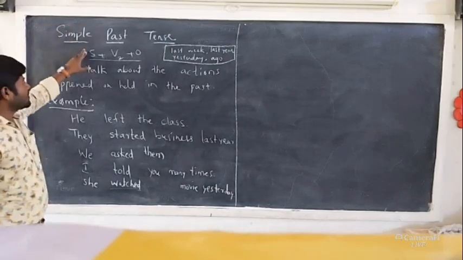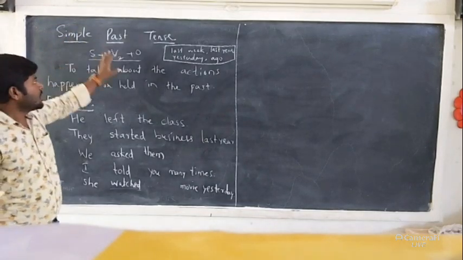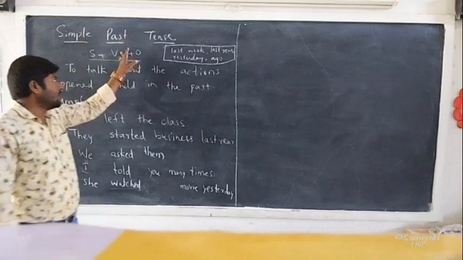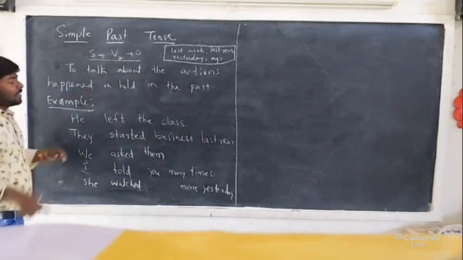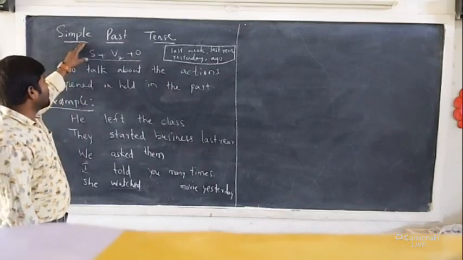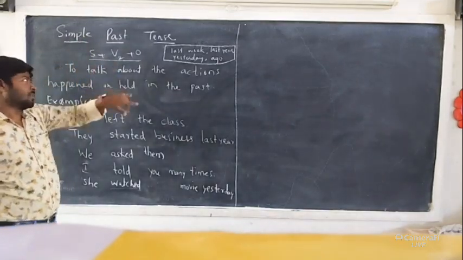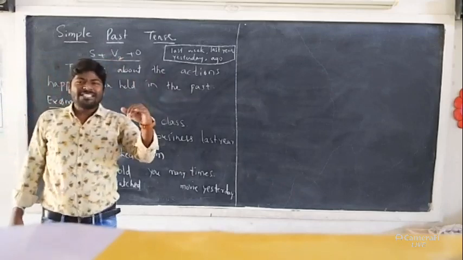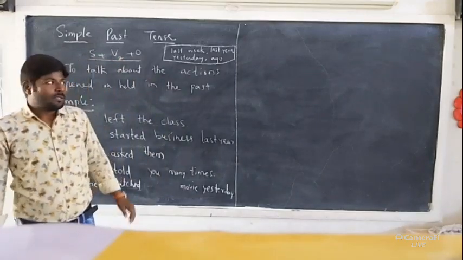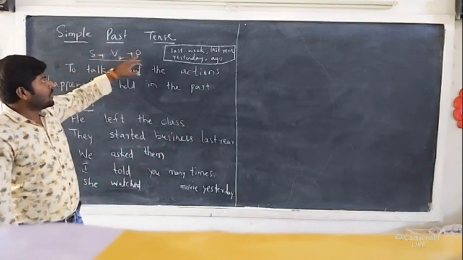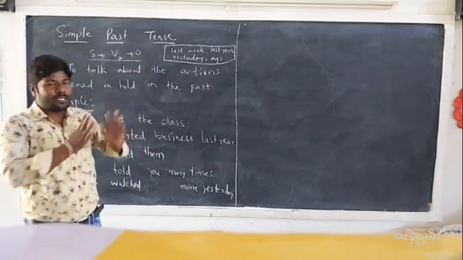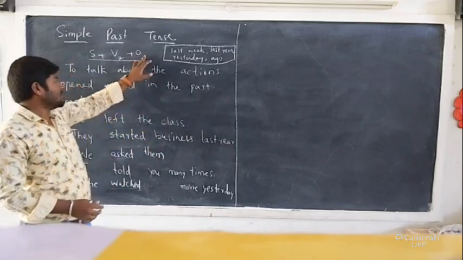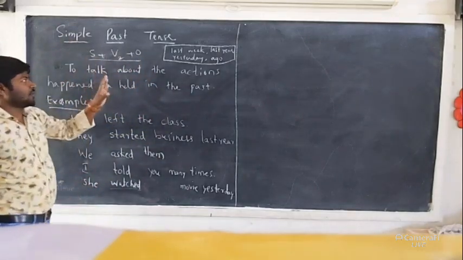And the simple past tense structure is subject plus past form, second verb, plus object. Some students ask me, sir, what is subject? Whom we talk about is called subject. What is verb? The word which describes the work. Next, object, which receives the subject, or recipient we can call.